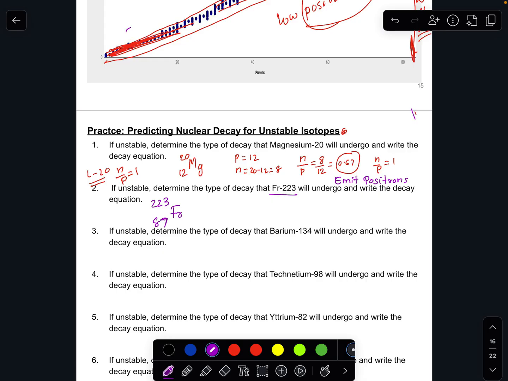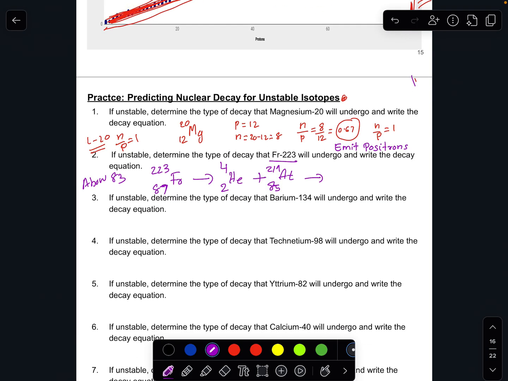If the atomic number is above 83, it will basically emit alpha particles. So it will emit a helium alpha particle and convert into astatine, and it is still unstable. Then it will continue with another alpha emission until it becomes stable.